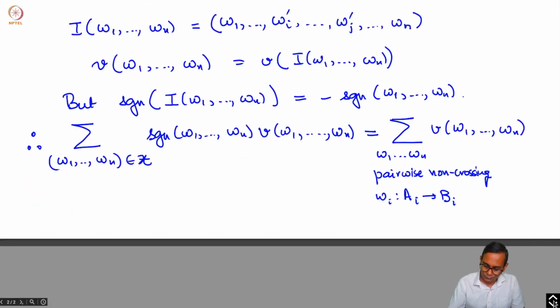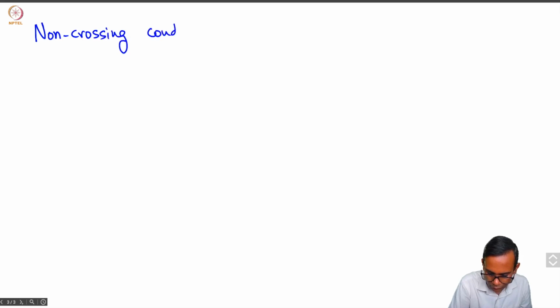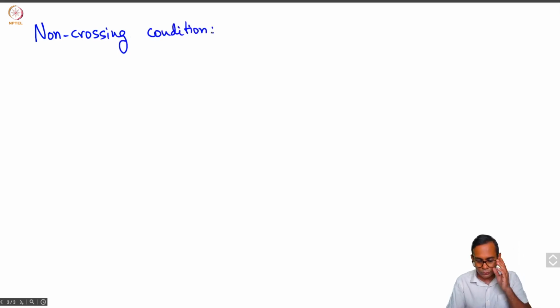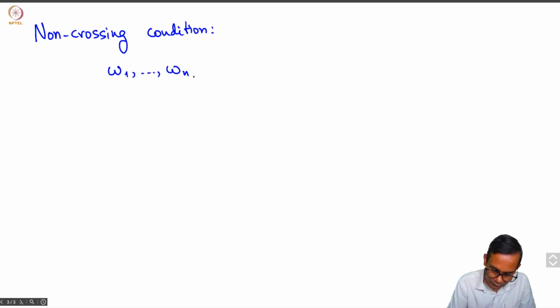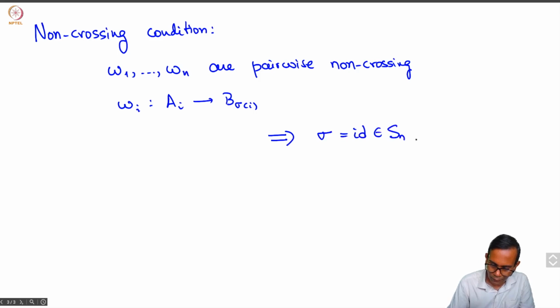We used it to conclude that if omega 1 up to omega n are pairwise non-crossing, and omega I is from ai to b sigma I, then the crossing condition ensures that sigma is the identity, and the sign of sigma is the sign of the identity, which is +1.